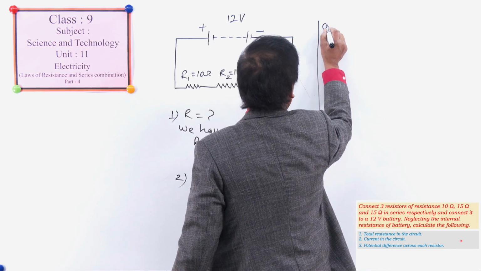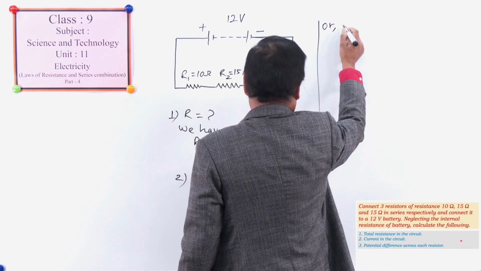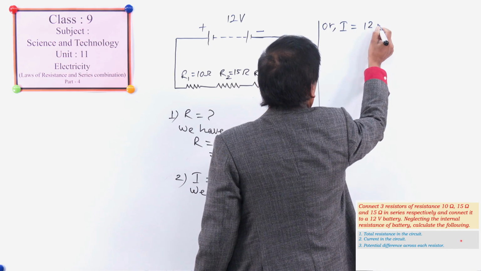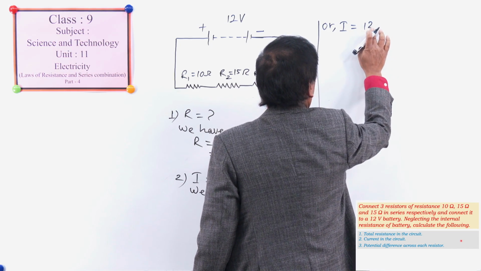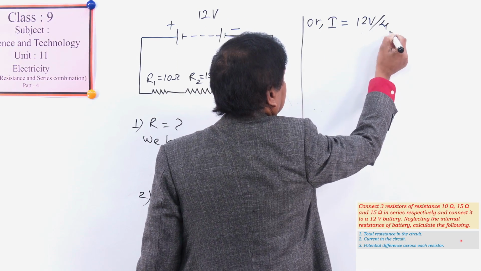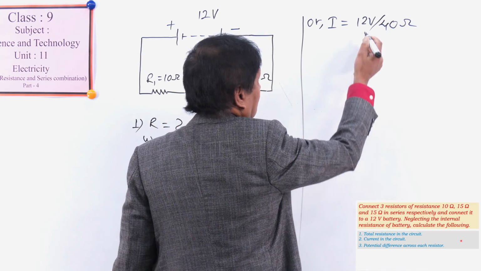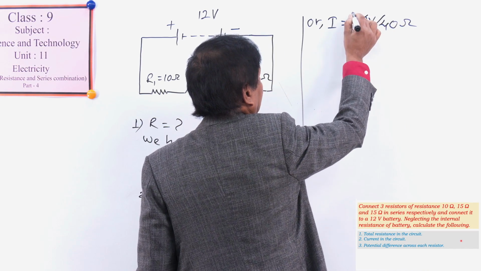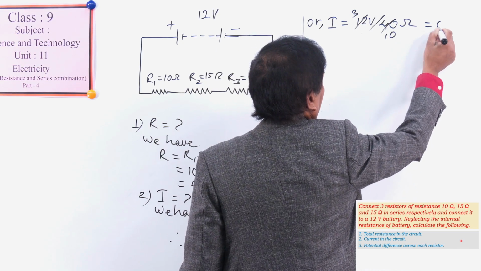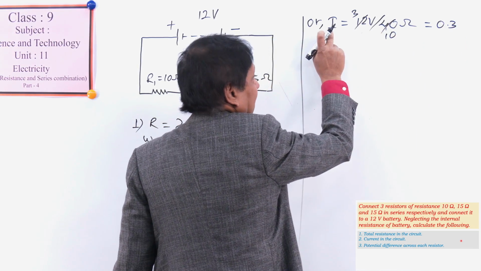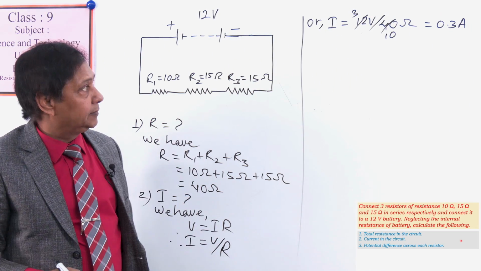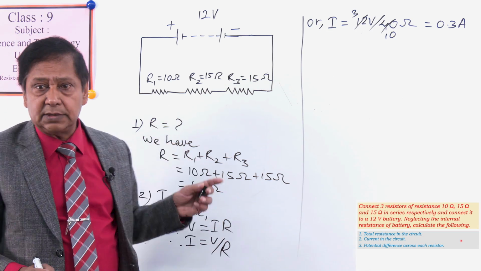That's why we can write I equal to 12 volt upon resistance 40 ohm. Now 4 3s are 12, so this is equal to 0.3, and unit of current is ampere. The current is 0.3 ampere. Now the second part is also finished.